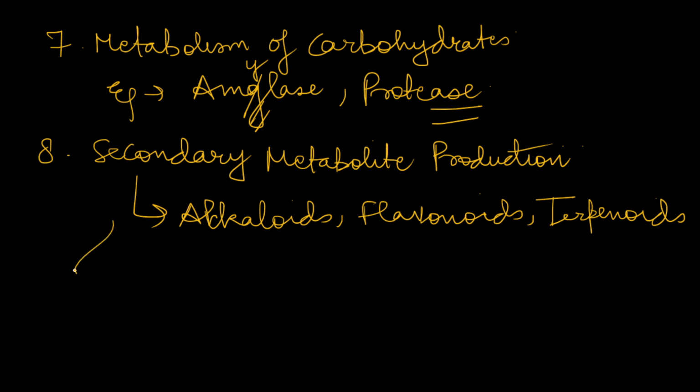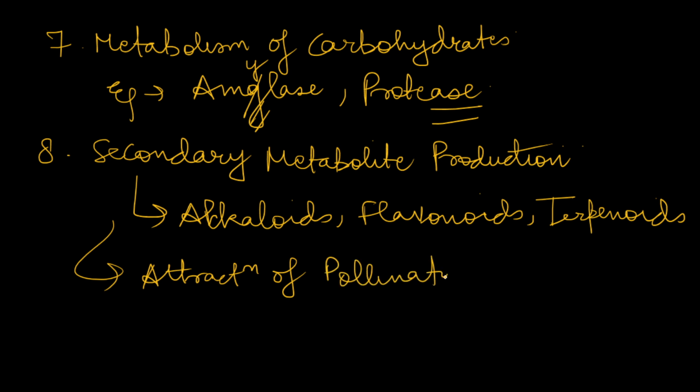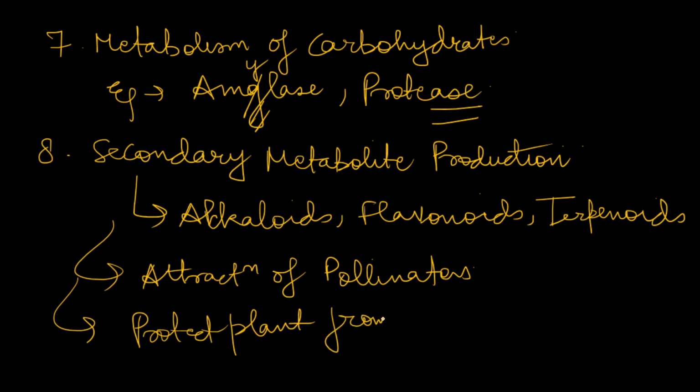Also, enzymes have some other functions, such as attraction of pollinators. Various enzymes can also be seen in protecting the plants from UV radiation. So these are some of the functions of enzymes. I have discussed 8 functions, and I think if you write 5, 6, that will be enough for your answer.